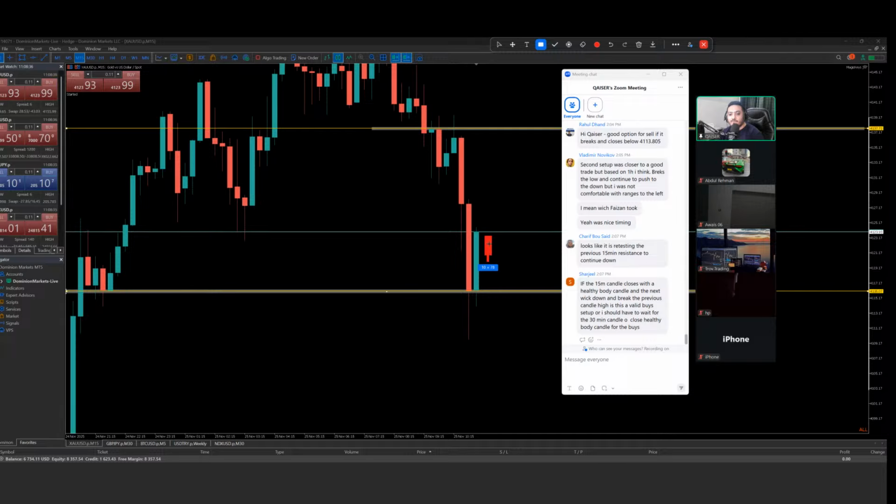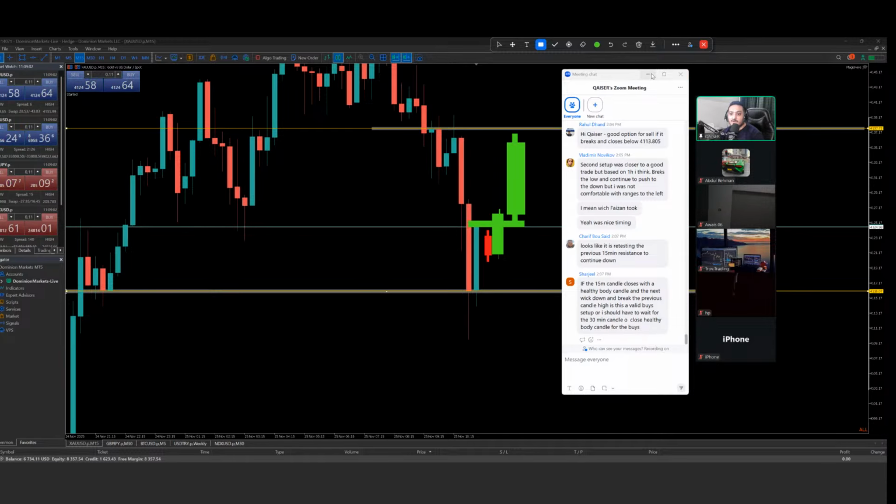If the structure is going to be printed somehow like this, it means the 30-minute also closed in a bullish form, but M15 created a resistance and support. And if the next candle creates a wick and breaks above this high, it could be breaking above the previous 30-minute high, above the 15-minute resistance area, so it could be a counter trade setup to fill this range. This could happen. We're just imagining things.